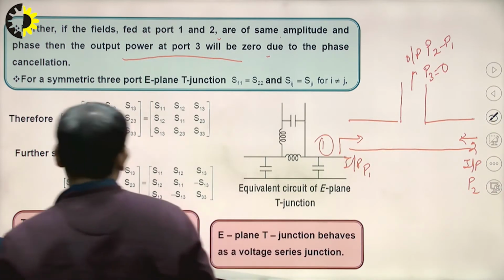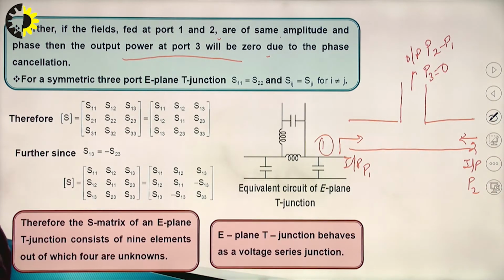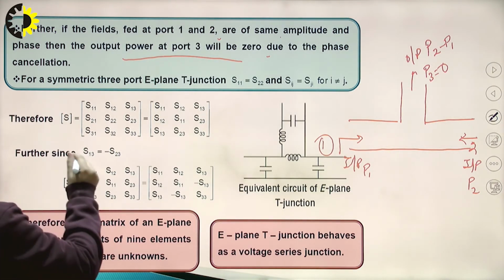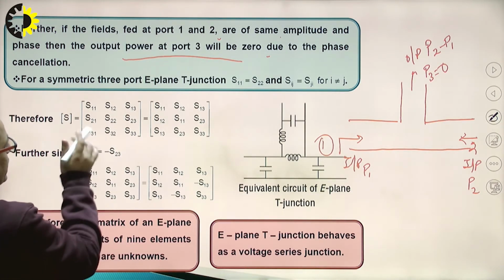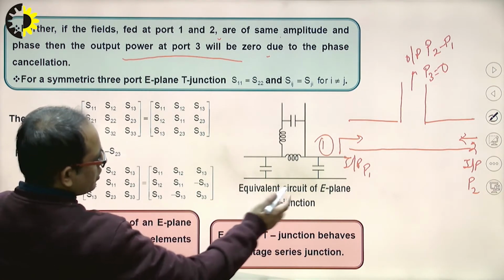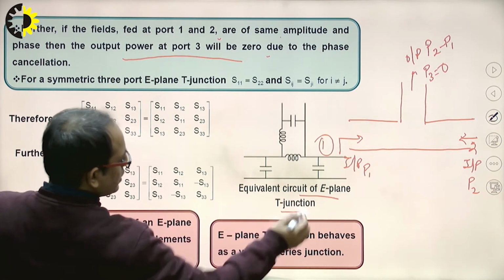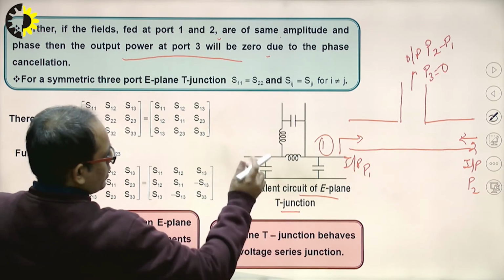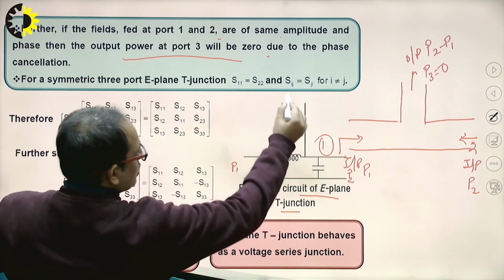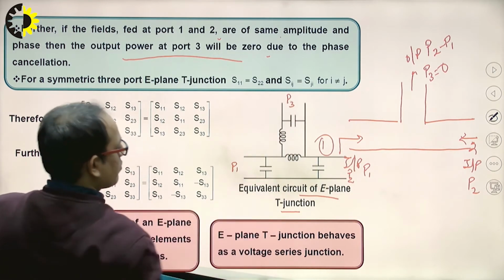I want to draw the S matrix for the determination of S matrix for the E plane T. So S matrix is given in this one. This is a three-port equivalent circuit. This is the equivalent circuit of E plane T junction. This is port number 1, port number 2 and port number 3. Clear?